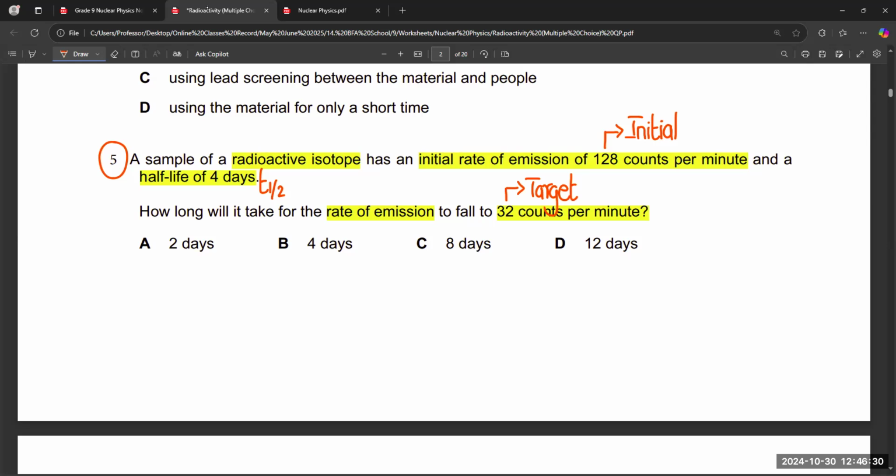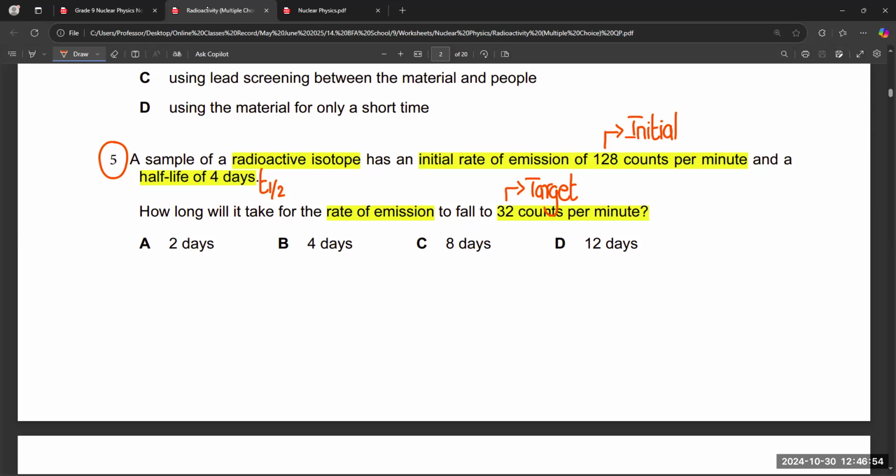Okay. So how to find out the number of days that will take for the rate of emission to fall to the value 32 counts per minute. So try by yourself also to find out this number.